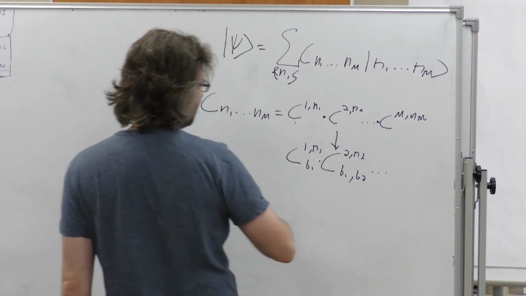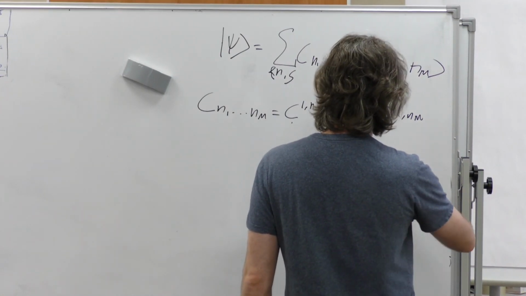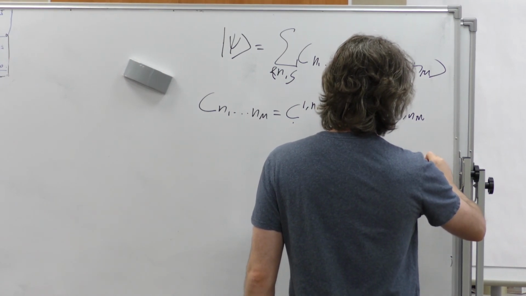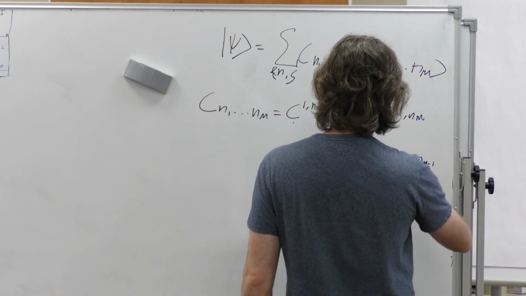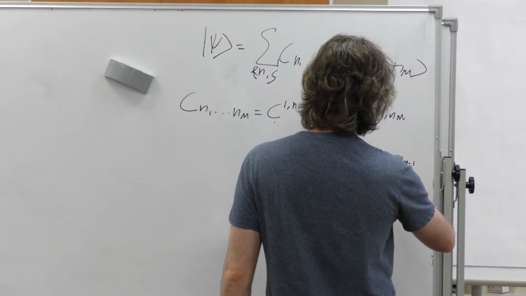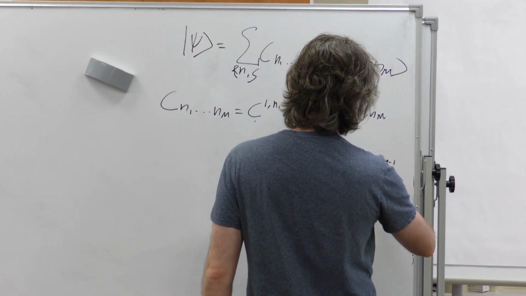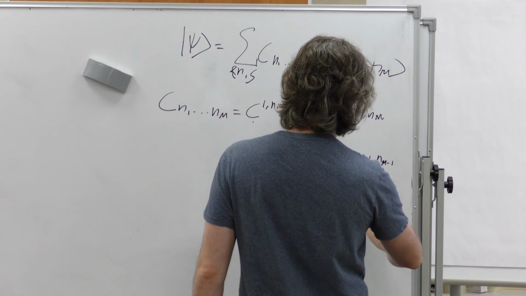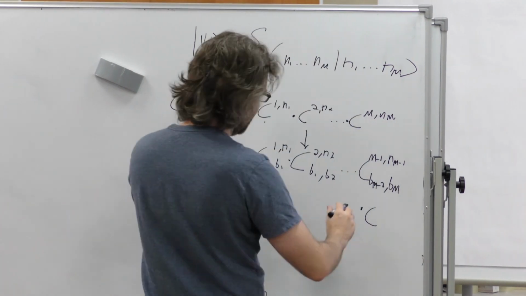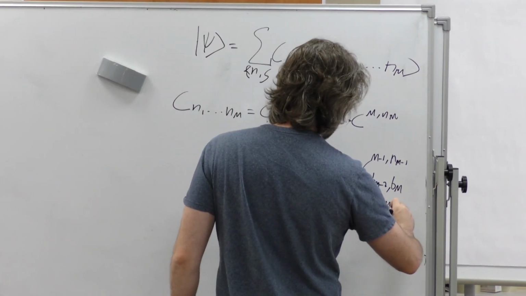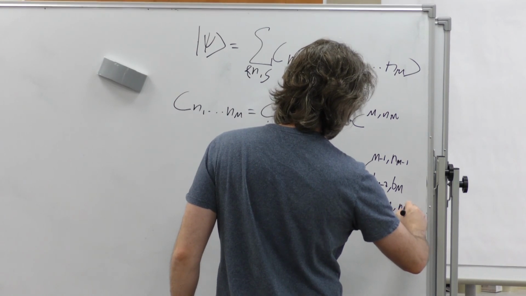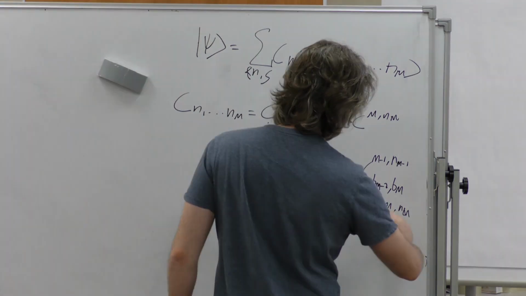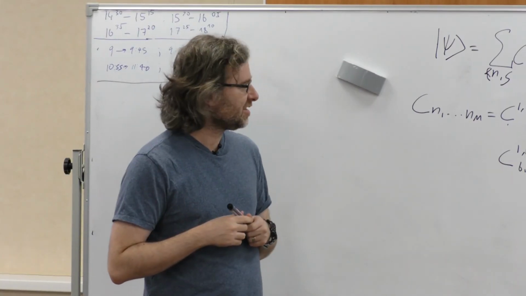And I'll continue this. Eventually I'll have C m minus 1, n m minus 1, B m minus 2, B m, and the final guy is a vector again, Cm, nm, Bm. So this has a lot of indices.